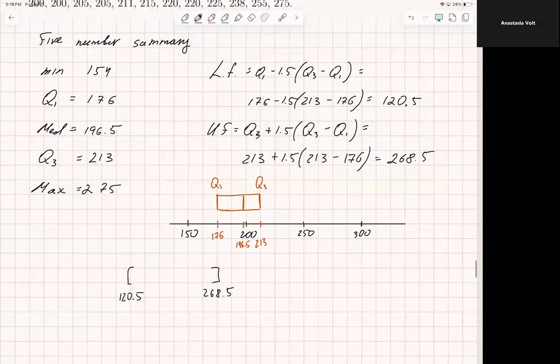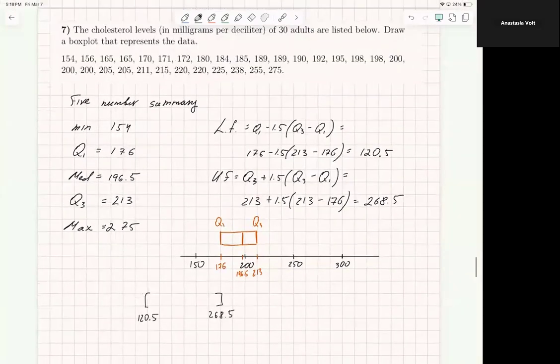Now let's look at the raw data that we have. Do we have any value that is smaller than 120.5? No, the smallest that we have in our data set is 154. So that goes inside, right? It's going to be somewhere inside of this interval. But what about 275?